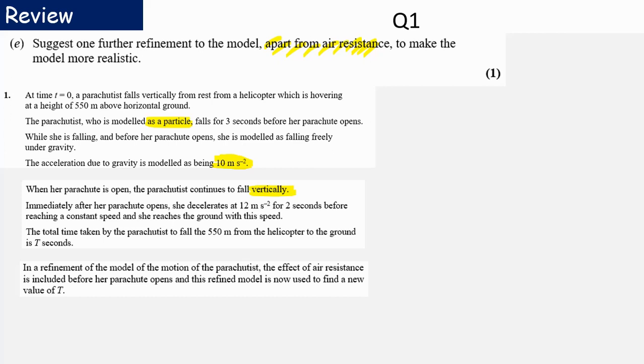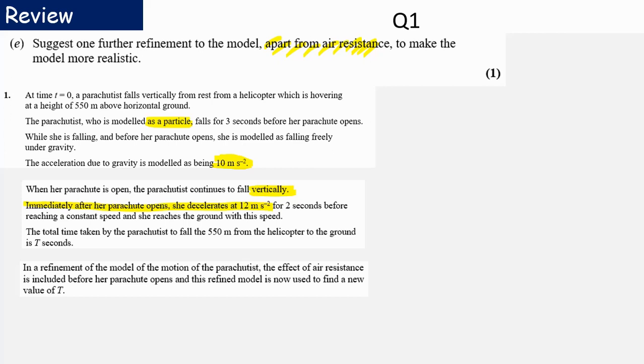Now this kind of implies that your deceleration suddenly changes. So at one moment you're going at 10 meters per second, and now your parachute's open and suddenly you're decelerating at 12 meters per second squared. That bit should happen rather smoothly, but we've assumed it happens instantaneously.